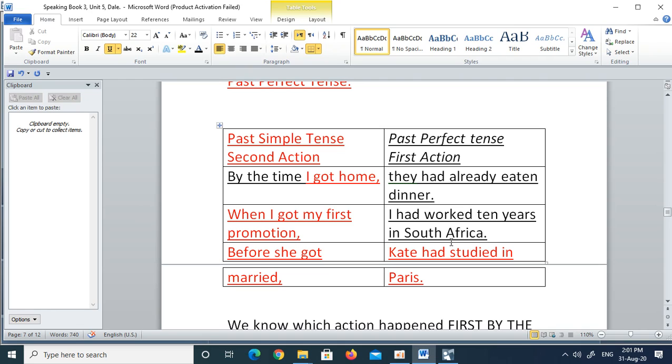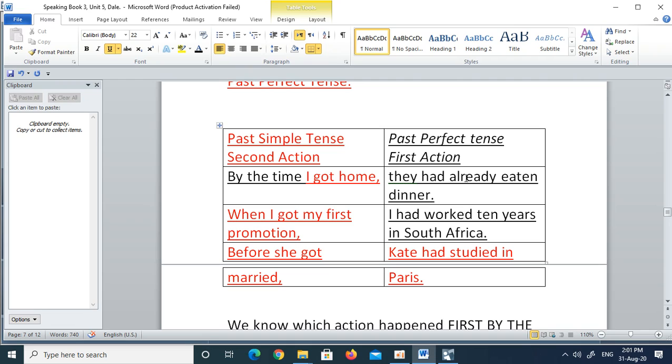But even when you mention the second action first, the action which has the past perfect tense, had eaten, is the action that occurred earlier. So by the time he got home, that is the action that took place second.